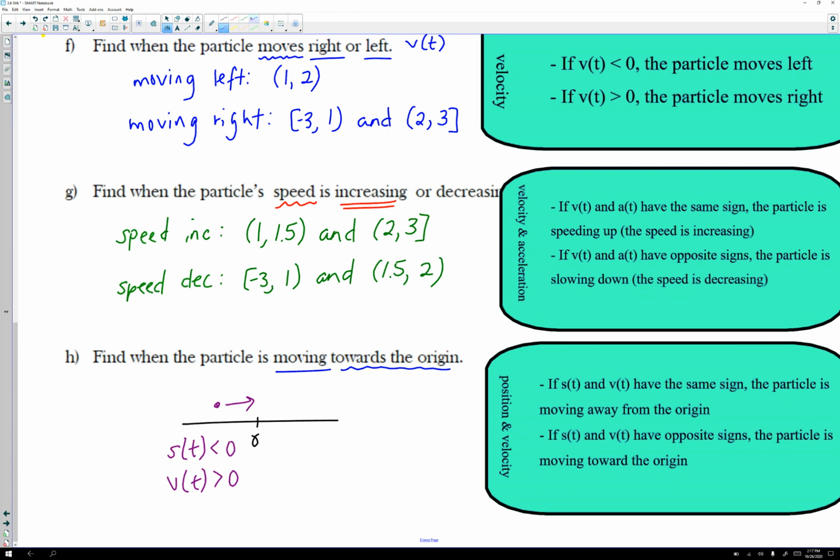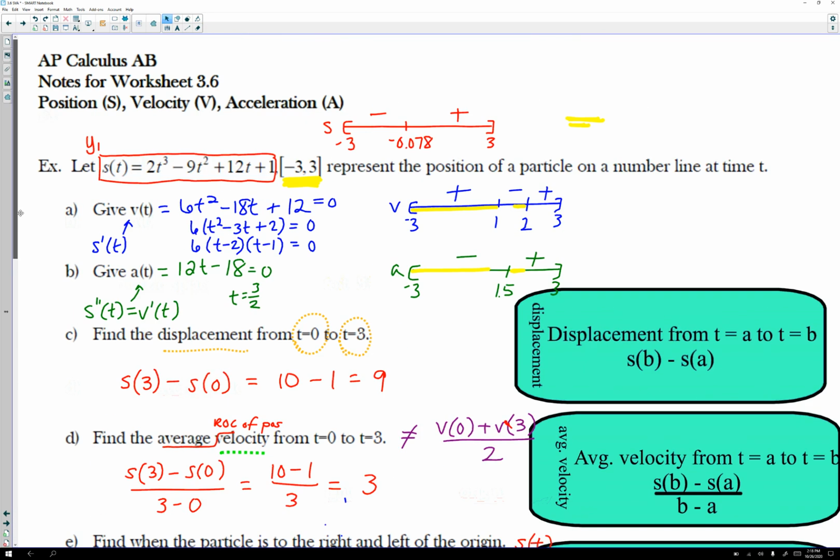I promise you it's opposite because now look at the other side. If your particle was over here, that means your position is positive, and if it's moving towards the origin, it would have to move to the left, which means your velocity is negative. So towards the origin, we're going to look for opposite signs on position and velocity. So look at your position and velocity sign charts.